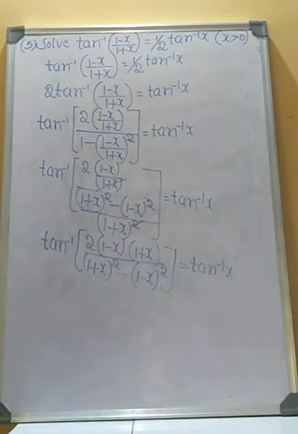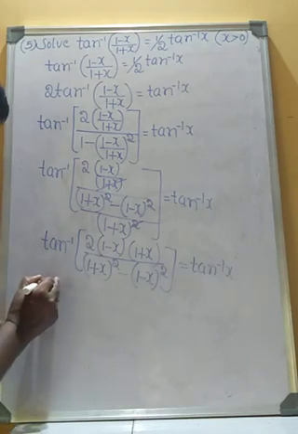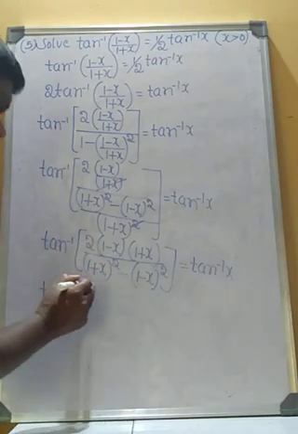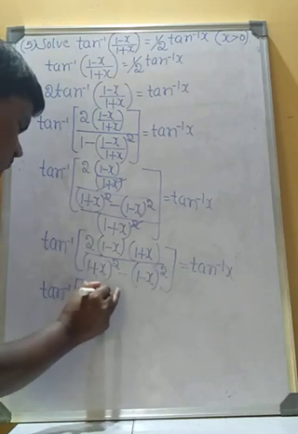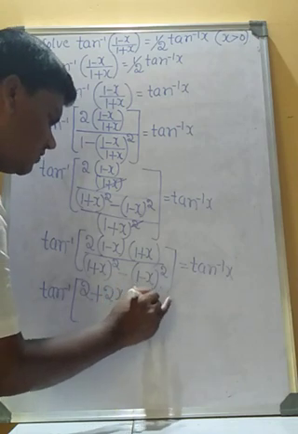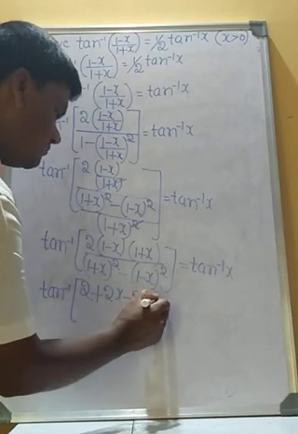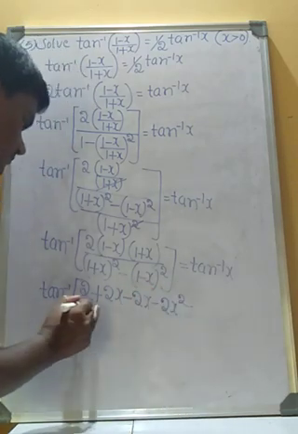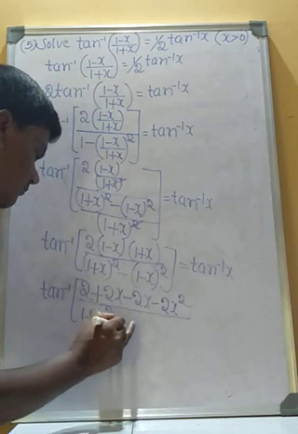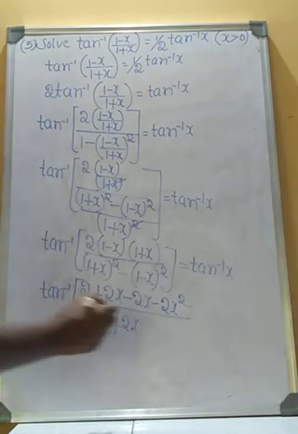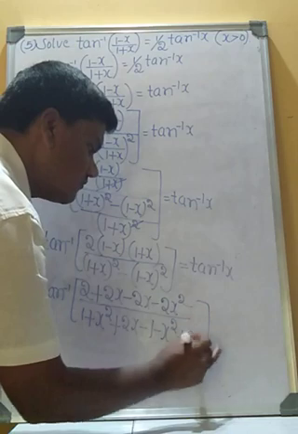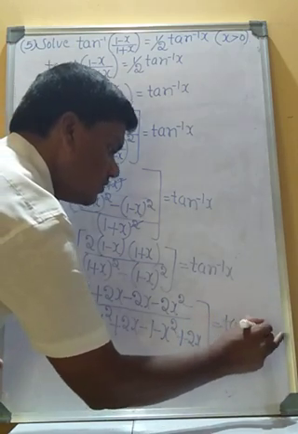So therefore tan inverse of 2 into 1 is 2, plus 2 into x is 2x, minus x into 1 into 2 minus 2x, minus into plus minus 2x square, divided by 1 plus x square plus 2x, minus (1 minus x square), minus into minus becomes plus 2x, is equal to tan inverse x.